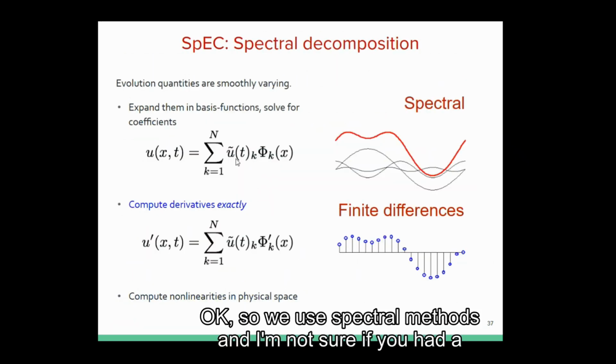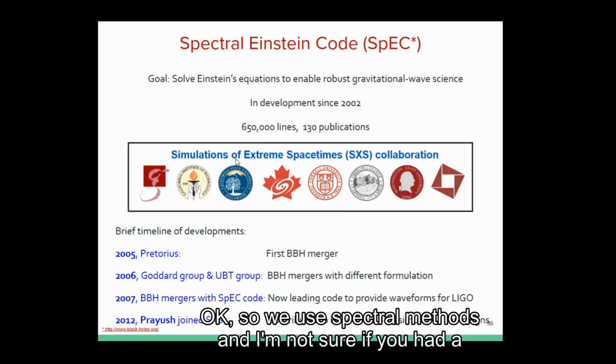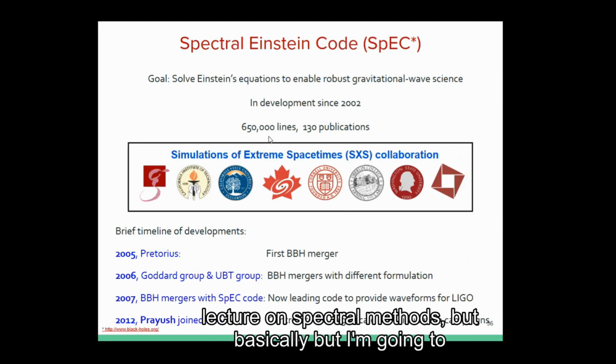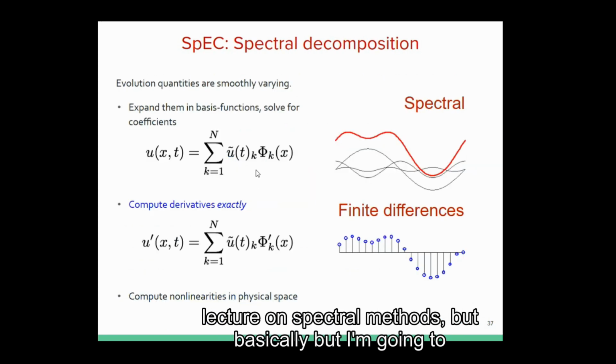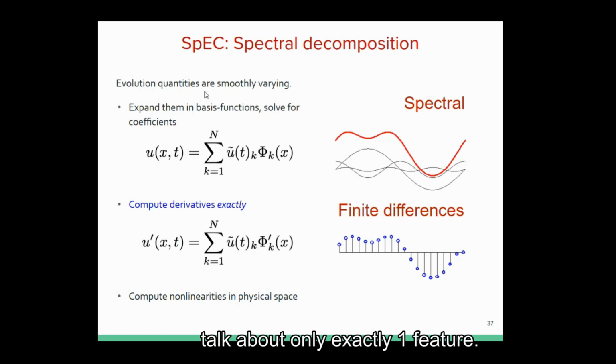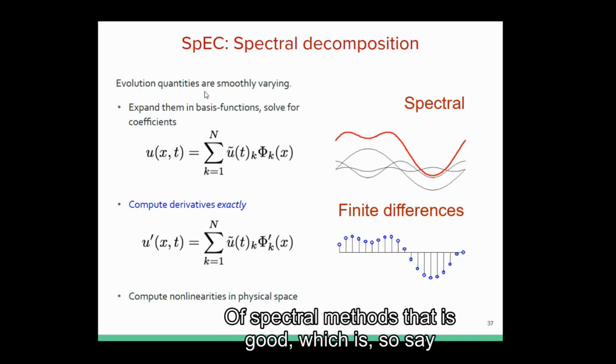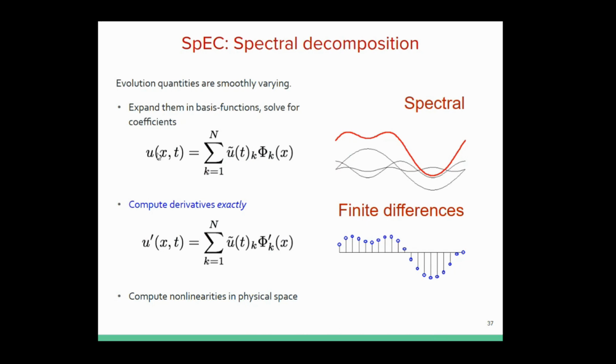Okay, so we use spectral methods, and I'm not sure if you've had a lecture on spectral methods, but I'm going to talk about only exactly one feature of spectral methods that is good. Say you're evolving a field. This field could be psi xx, psi xy, psi yy, psi y, psi.